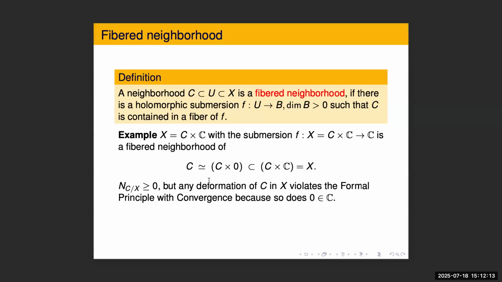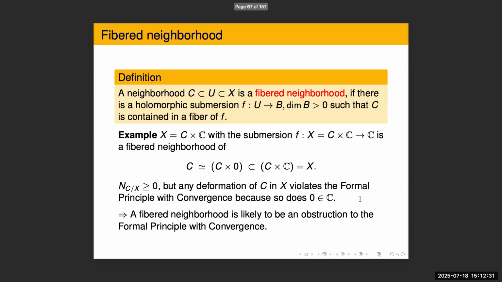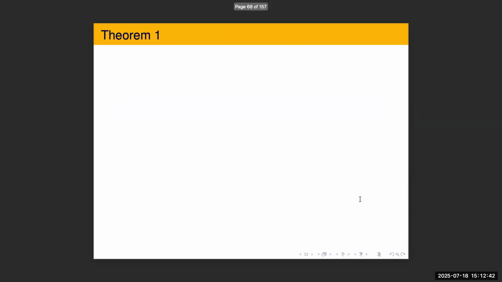All deformations of C violate the formal principle with convergence, because a point in C violates the formal principle with convergence. So you can see that, roughly, the fibered neighborhood is a kind of obstruction to the formal principle with convergence. So that's the motivation for our main theorem.